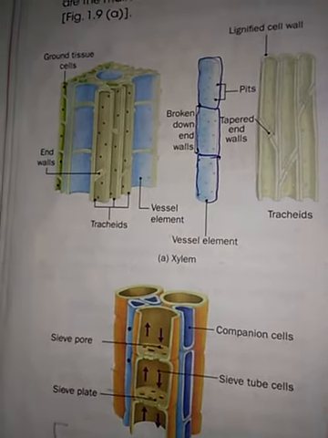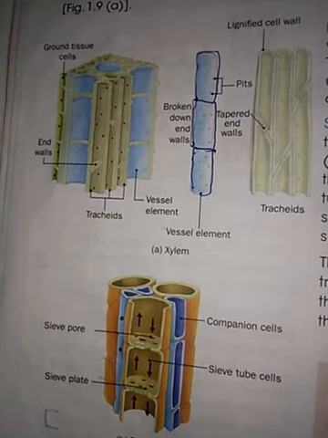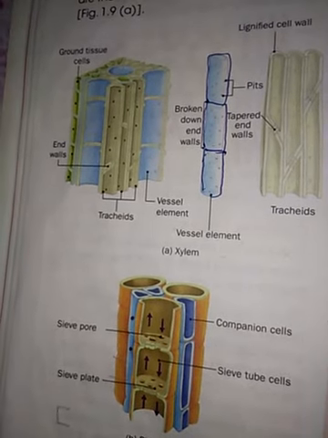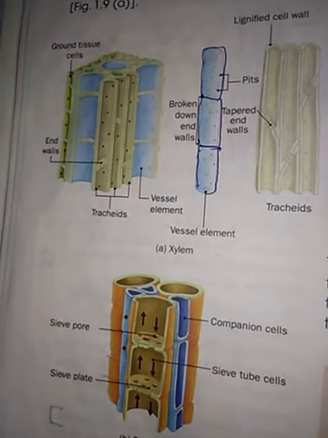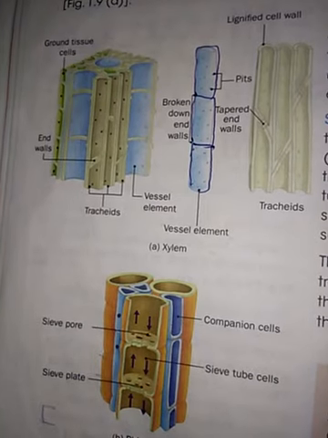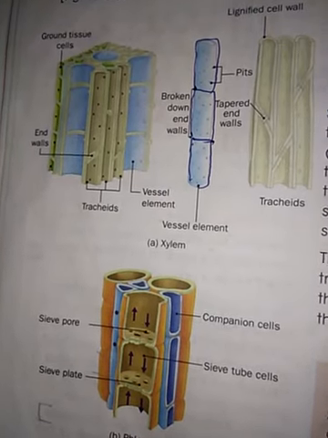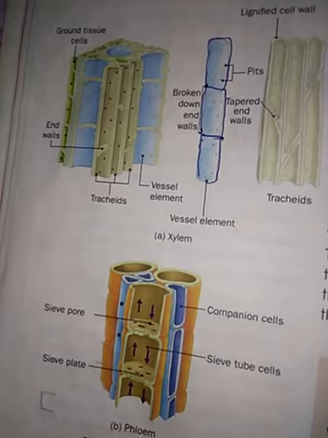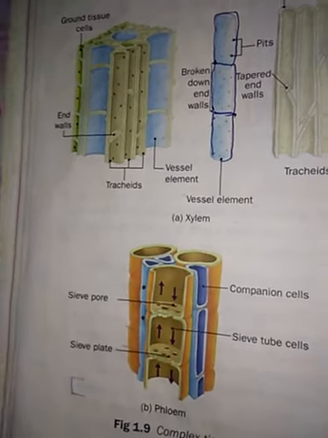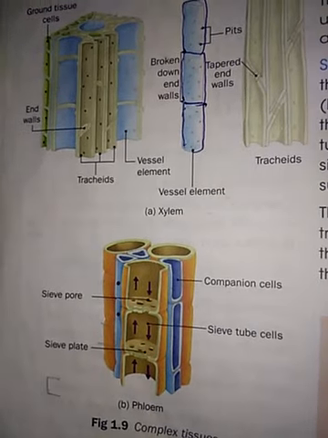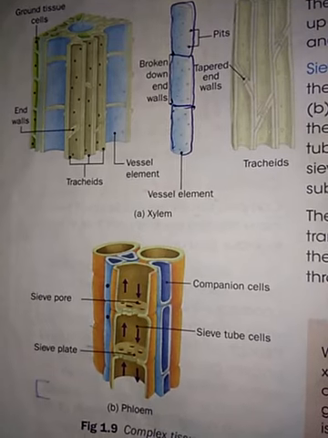Did you all remember, what are complex tissues? Yes, tissues made up of two or more different kinds of cells that work together at the same time.